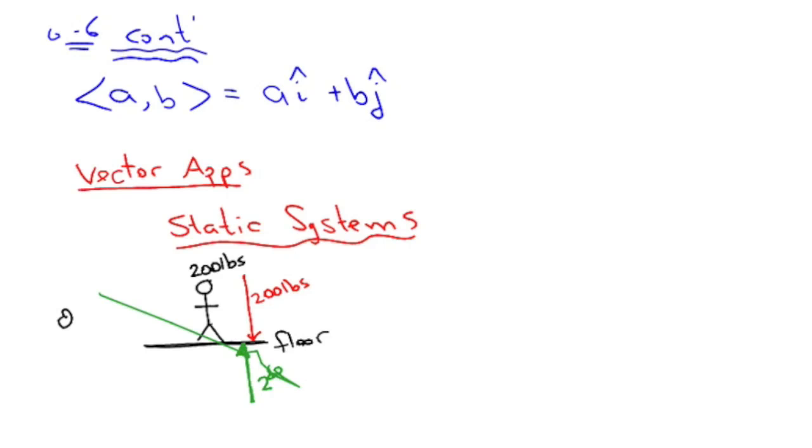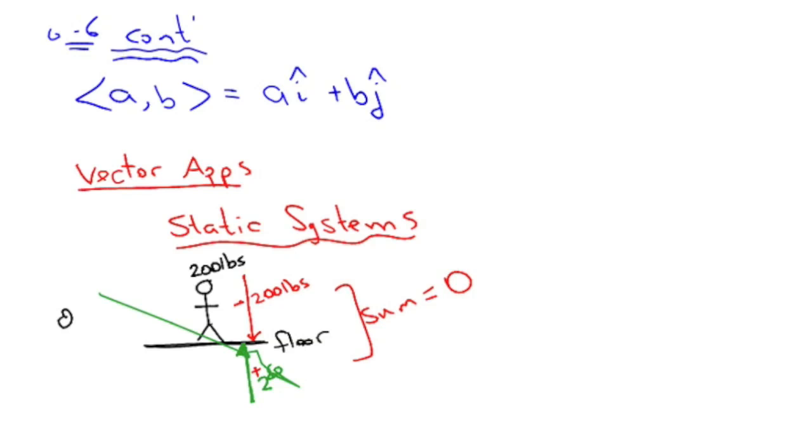So when you add them, by the way, what sign does 200 pounds down get? Negative. So we consider this a negative 200 pounds, where this one up here is a positive 200 pounds, and the sum of them has to equal 0. So when we're talking about static systems, it is the sum of all the force vectors equal to 0.